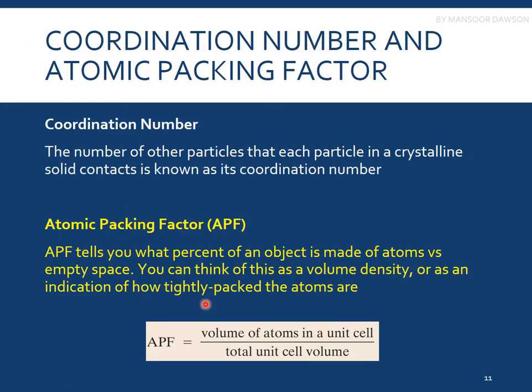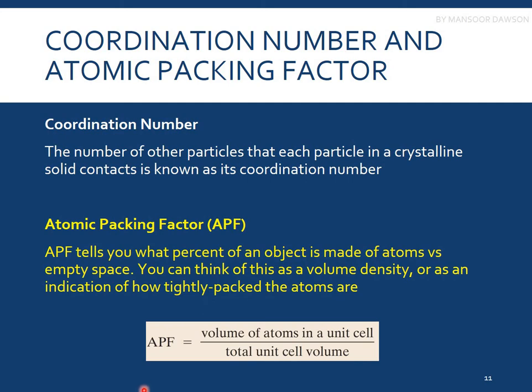The atomic packing factor tells you how compact your cube is, that is, how tightly packed the atoms are in a cubic system or in any crystal structure. So FCC structure has one of the most tightly packed arrangements of atoms as compared to BCC, and the volume density of the unit cell is also high.